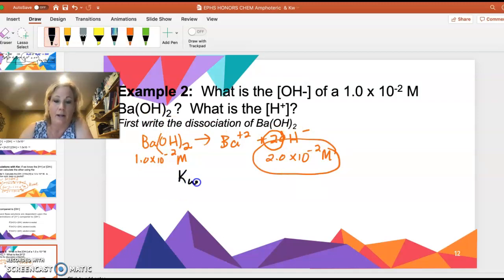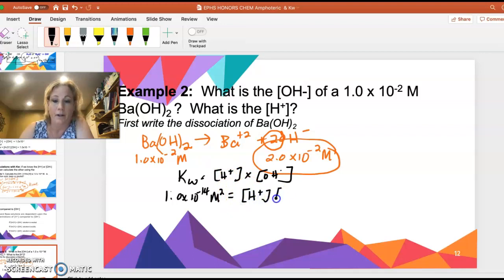I know that Kw is hydrogen times hydroxide, and I can sub in 1 times 10 to the -14th, and then hydrogen, and then my hydroxide is 2 times 10 to the -2. So that's the first part. They wanted to know what the hydroxide ion concentration is, and we just did that with dissociating.